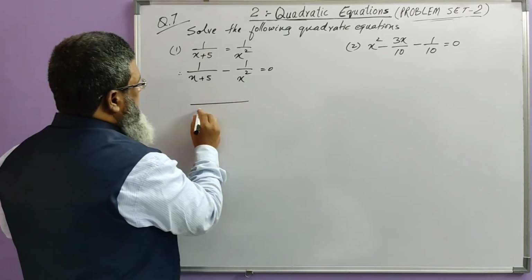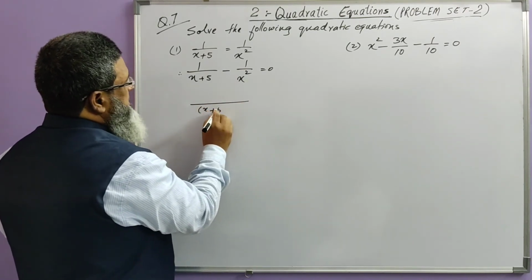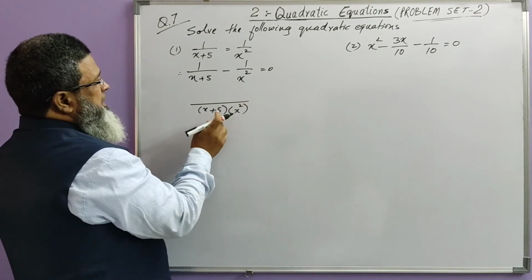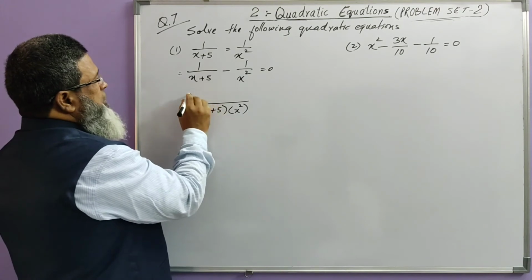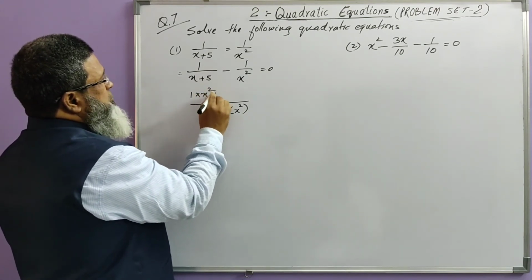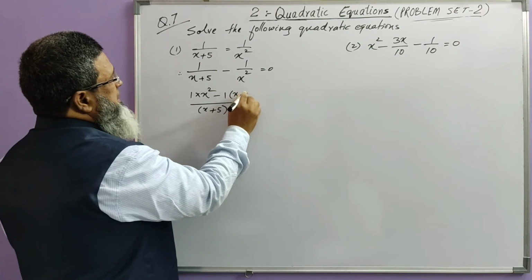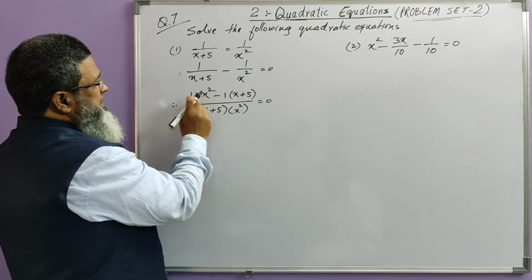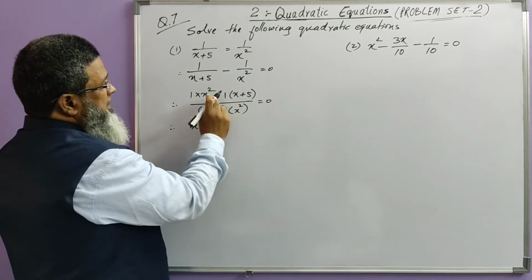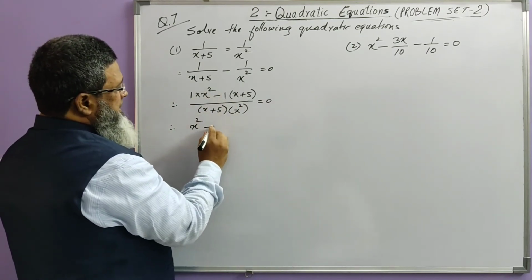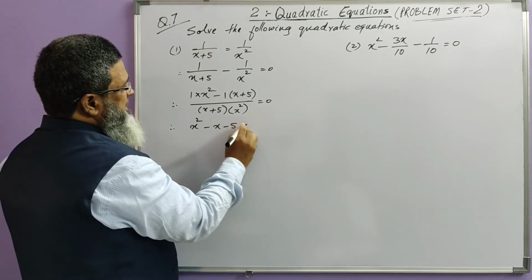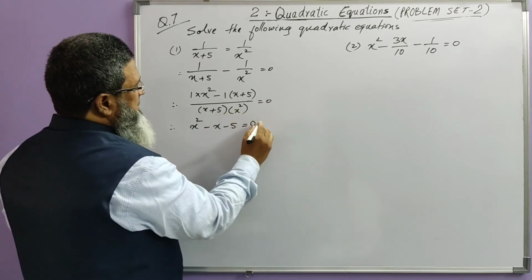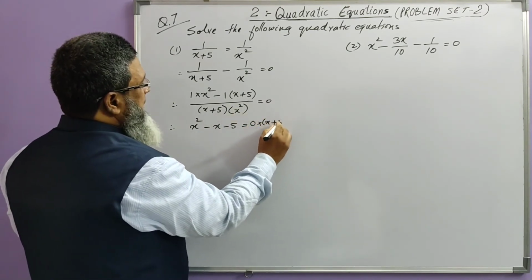So take the LCM by multiplication, x plus 5 and x square. In the short way, you can take cross multiplication: x square minus 1 into x plus 5 is equal to 0. So this is x square and this one is minus x minus 5 is equal to 0.